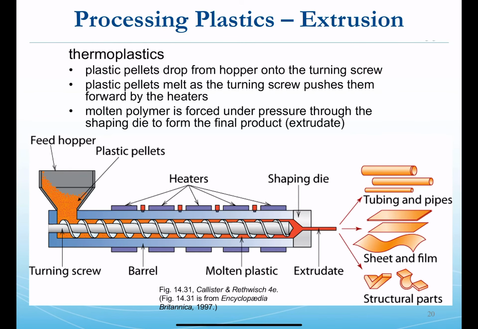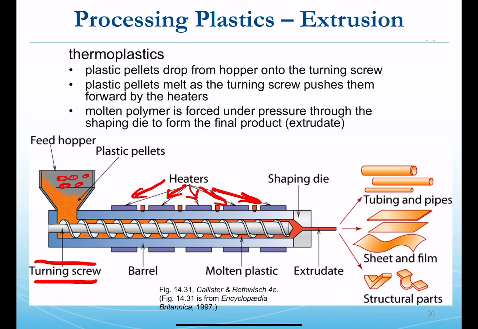Okay, an extension of that approach is the extrusion approach. So here again, a hopper is used, and those same pellets that might be about the size of the eraser on the back of your pencil are drawn into a cavity. Here a turning screw is used, and heaters may be installed along the barrel of that extruder to allow heating.